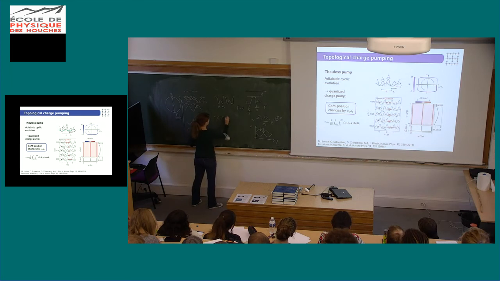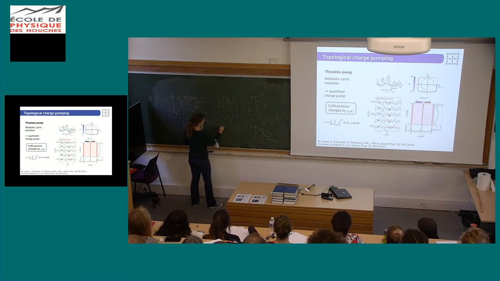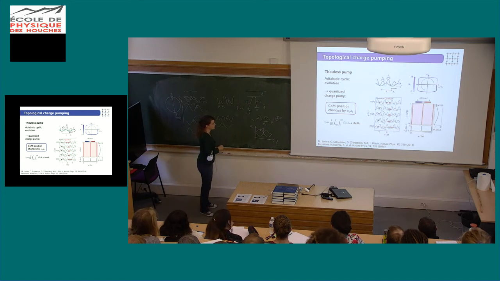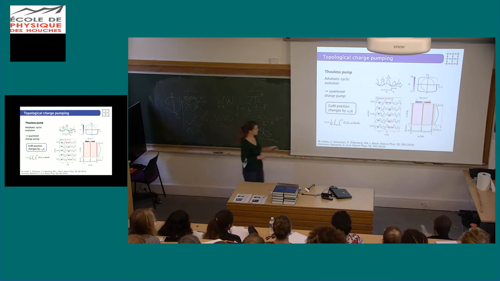So we have one lattice and another one at twice their periodicity. We can move one with respect to the other, which means that we will vary the shape of the superlattice potential from something that is symmetric, as shown here, to something that is tilted. At some point it will be symmetric again, and then it will be tilted again.